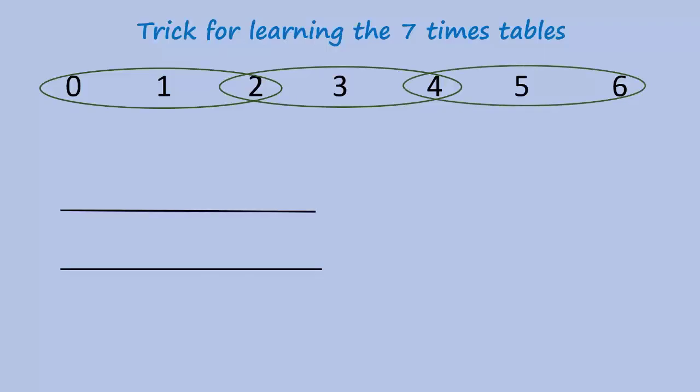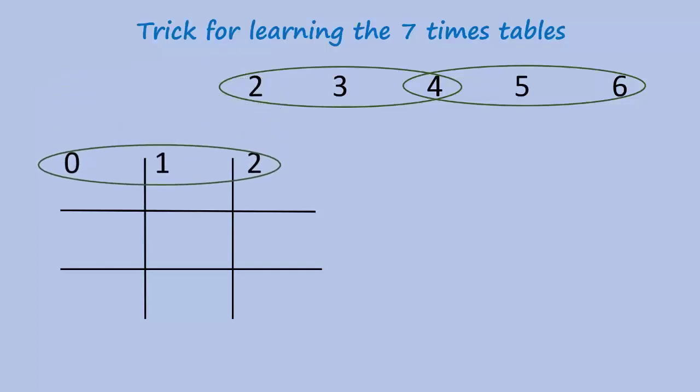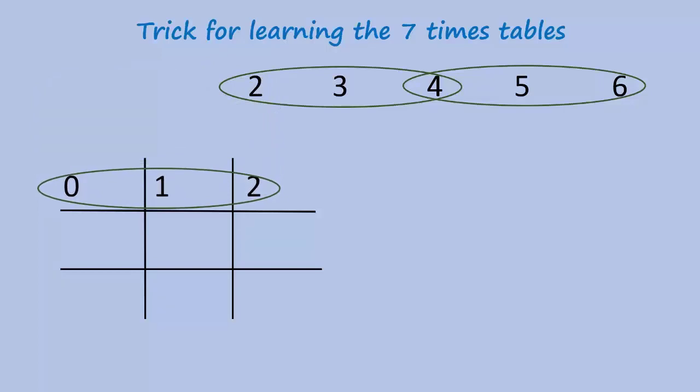Then we draw a grid similar to a noughts and crosses grid, and we're going to take the first loop and put it into the top row of the grid so that the digits are to the left of the grid as you look at it. You'll notice that we have a 2 in the grid and a 2 in the next loop, because remember they were overlapping.